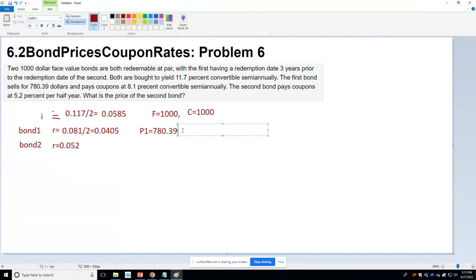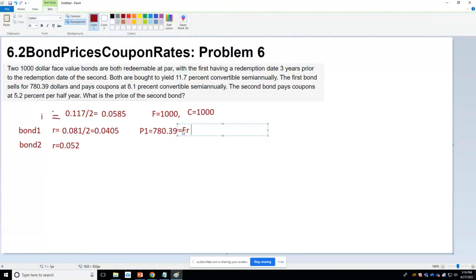In the original setting, the bond price is the present value of the future payments. So the bond price is face value multiplied by the coupon rate. We have how many coupons? Two $1,000 face value bonds are both redeemable at par, with the first having a redemption date 3 years before the redemption date of the second bond.